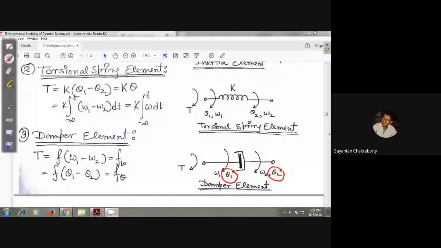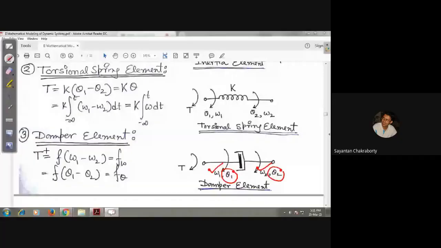Then the torque will be proportional to the difference of omega1 and omega2. In this way, you can describe any mechanical system, translational or rotational, by these simple laws. These are element laws of physics. These elements, mass, spring, damper, are all idealized elements. You assume this type.